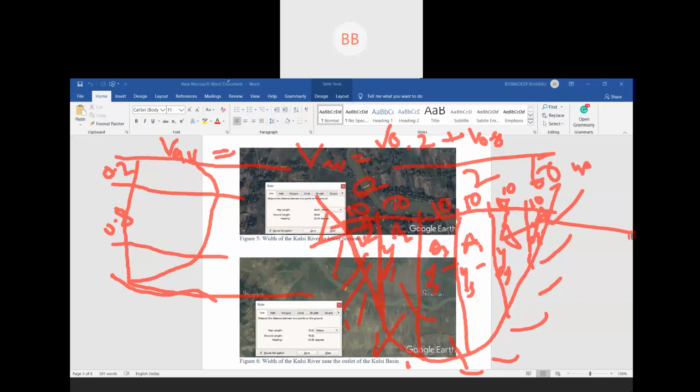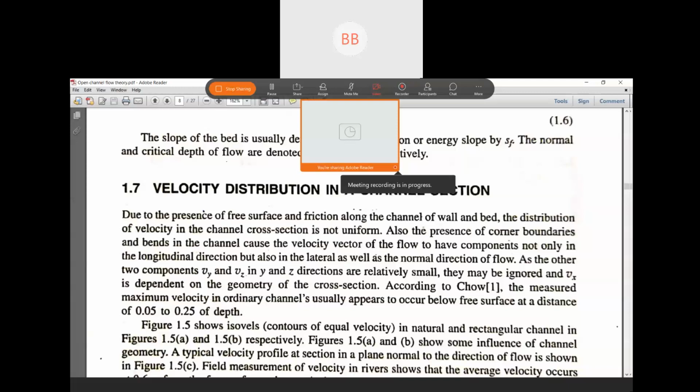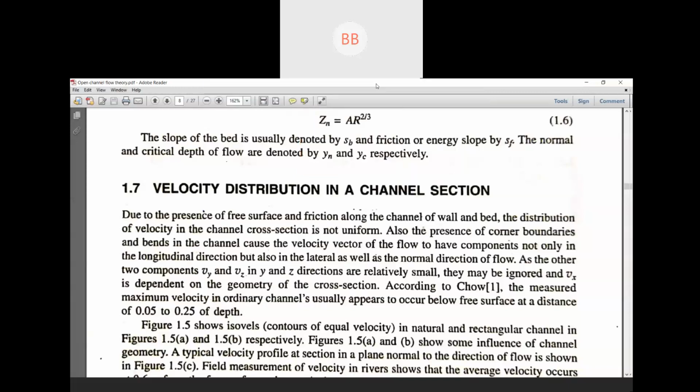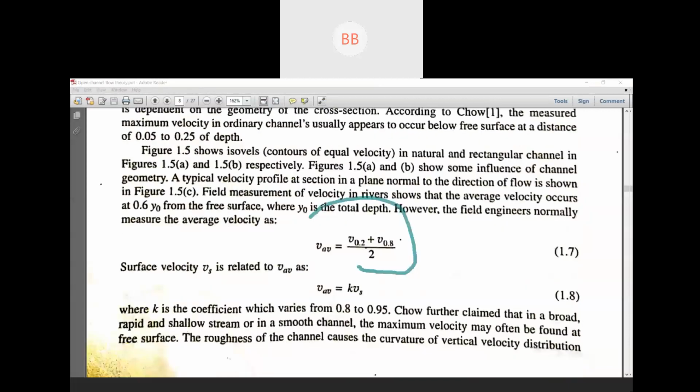Your velocity is not constant for a particular section, it varies when you move from the bottom of the channel to the surface of the channel, and it also varies when you move from left to right or right to left. So to find the average velocity, this is the equation we are going to use.